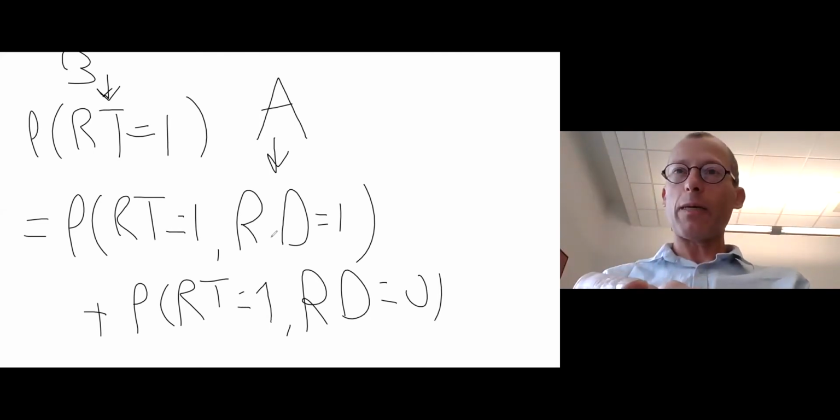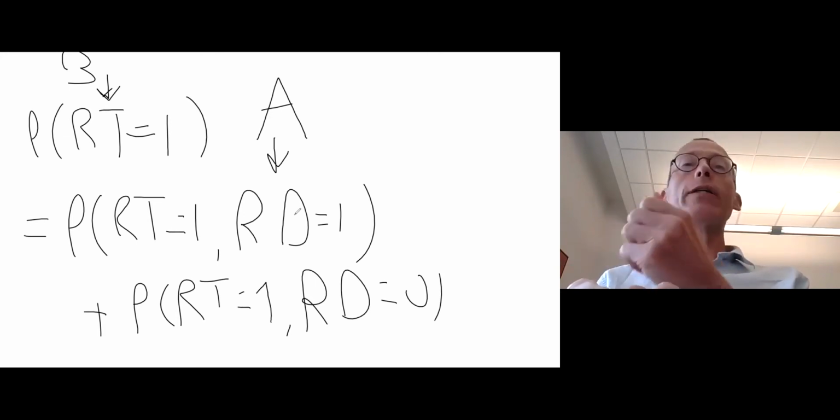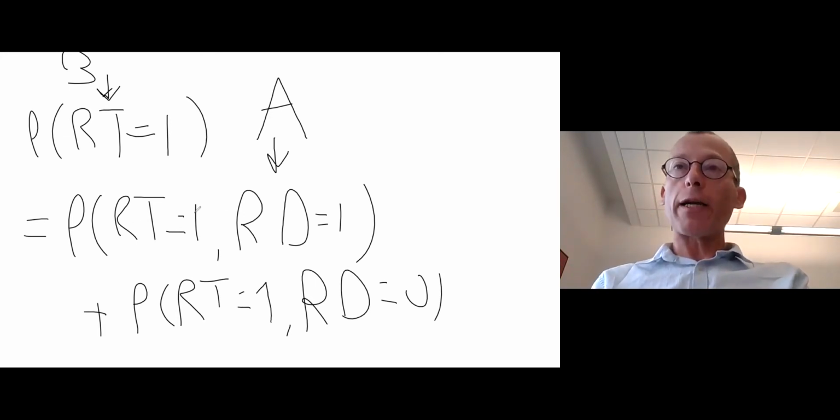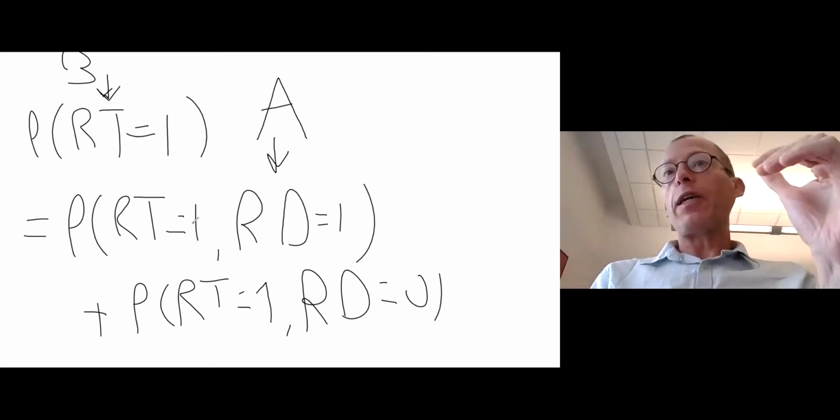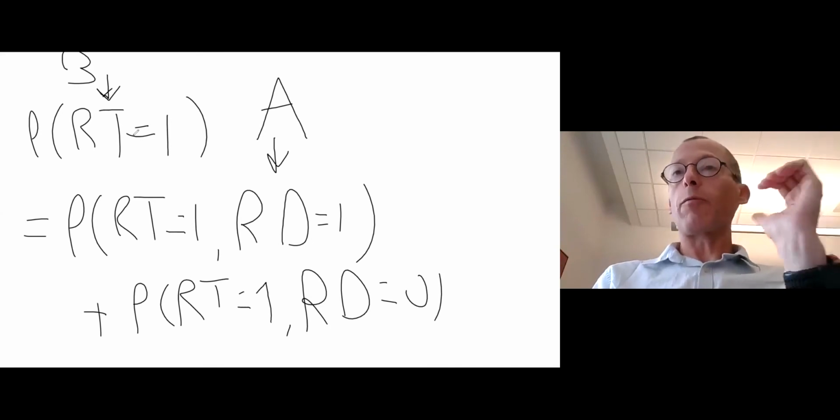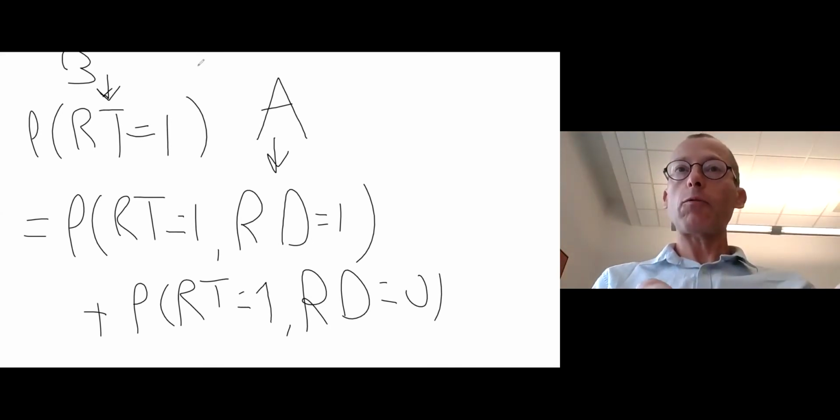There's only two options for A. So if we sum over all the options for A and compute the joint, then each of these is a separate set of events, and the sum of these is all the probability that it will rain tomorrow. So that's the idea of what I was talking about. And that's true for any discrete variable. And for continuous variables, basically, it's the integral over this thing.